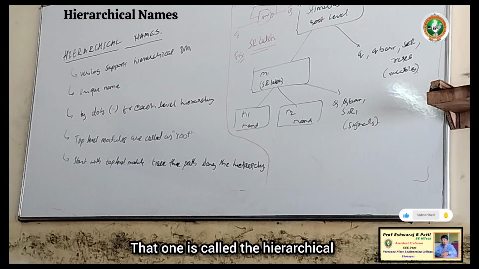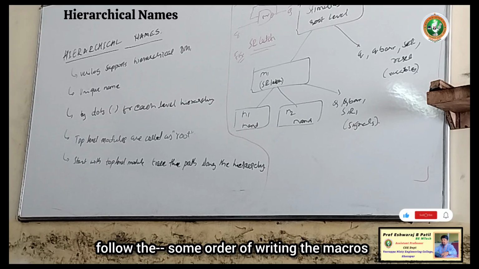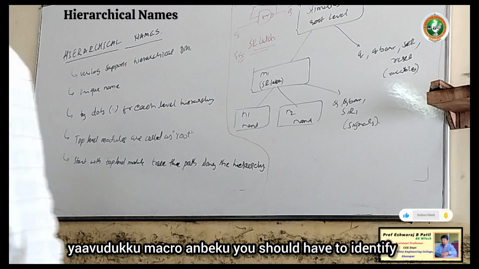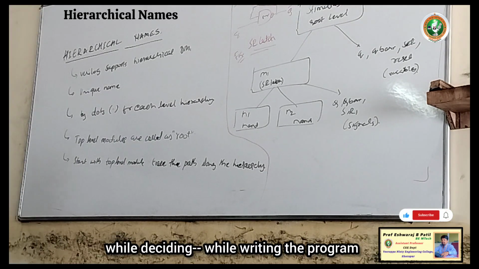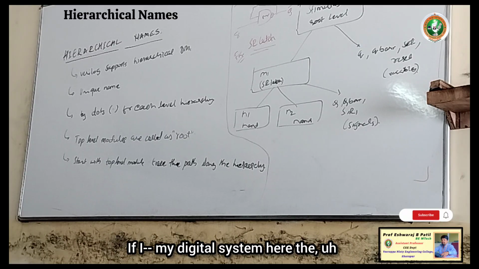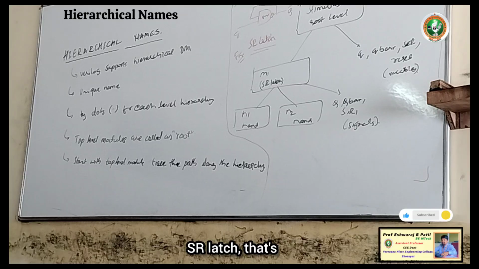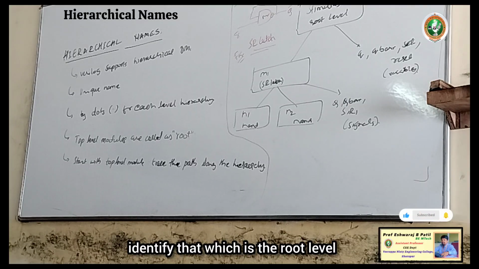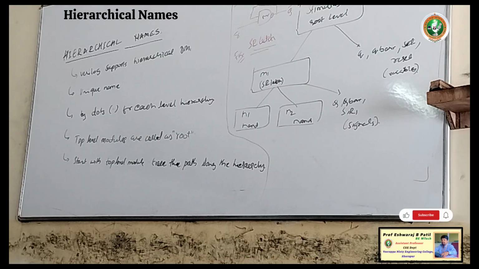That is called the hierarchical. Hierarchical means it should follow the same order of writing the macros, leaf and roots. You should identify which one is the root, which is the leaf, and which is the macro while deciding, while writing the program with the particular digital system. Okay, if my digital system here is the SR latch, then you should identify which is the root level, which one is the macro level, which one is the leaf level.